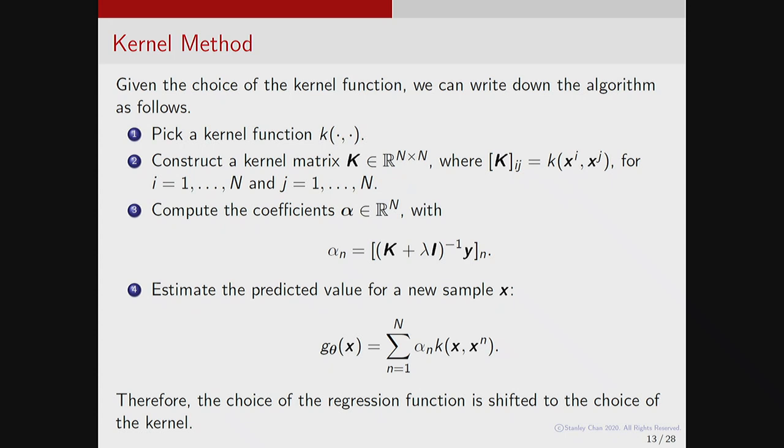Once you have constructed that matrix K, what do you do? Originally, you have alpha equals (A A transpose plus lambda I) inverse times y. That is your alpha. Now, you replace that A A transpose by your kernel. Why can I do that? What is A?